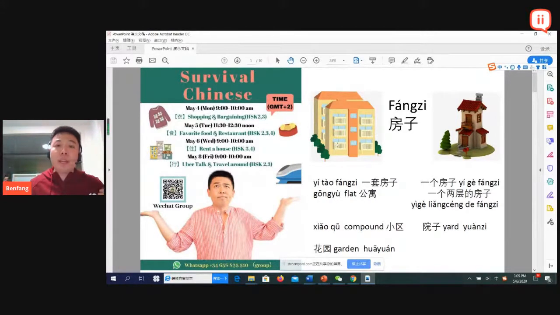很多座楼在一起，是一个小区。Many buildings together, we call it the compound. A compound or a community with a management office.